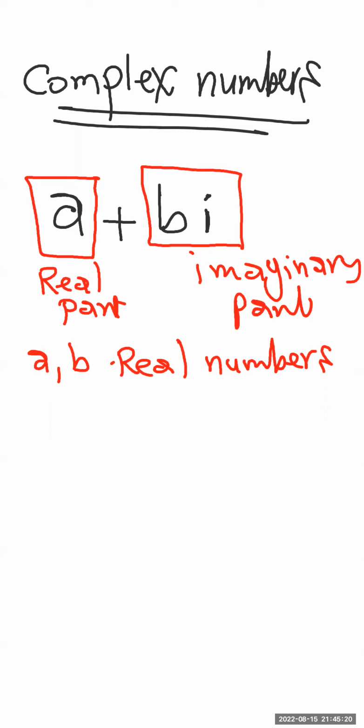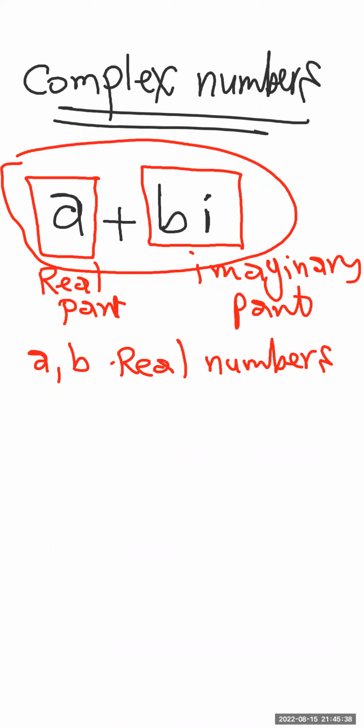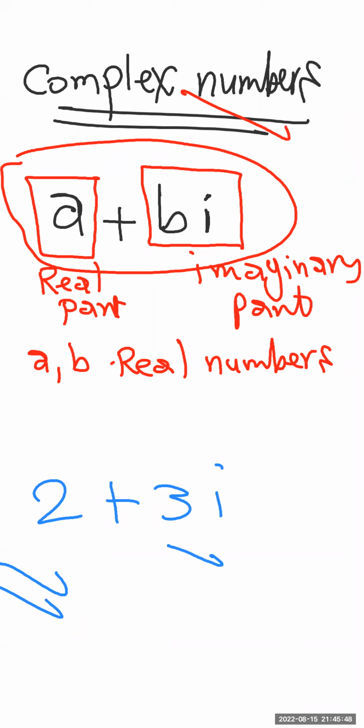A and B are real numbers, but the first part, A only, is the real part, and the second part, BI, which contains the imaginary number, is the imaginary part. All of this, A plus BI, is a complex number. For example, 2 plus 3i is a complex number, with a real part and an imaginary part, correct?